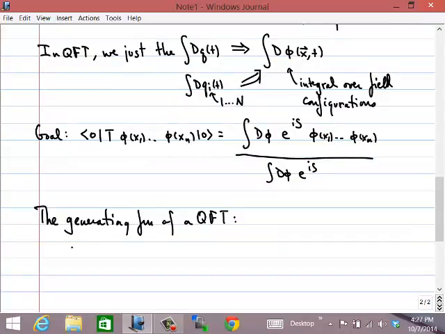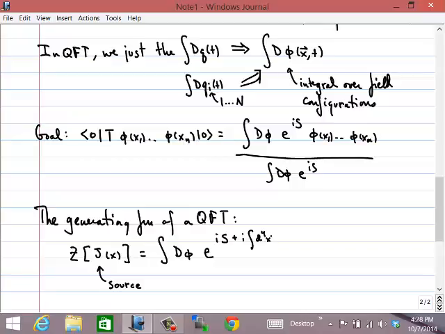So the idea is that rather than computing an infinite number of vacuum expectation values, where I have a bunch of insertions of this field operator phi, what I want to do is introduce one function that I'll call Z of J. That's a functional, so it depends on another function, J, referred to as the source, which is defined as the integral d phi of e to the iS plus i times the integral d4x of J of x times phi of x.